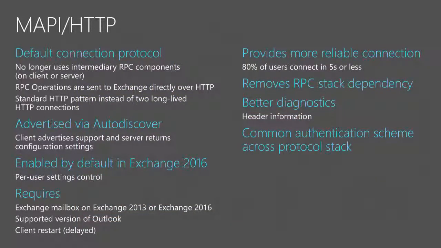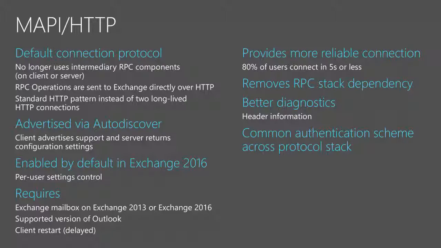We introduced MAPI over HTTP in Exchange 2013 SP1 and Outlook 2013 SP1, but we left it disabled by default. We gave administrators an org-wide on-off switch, so you either turned it on for everyone or off for everyone.